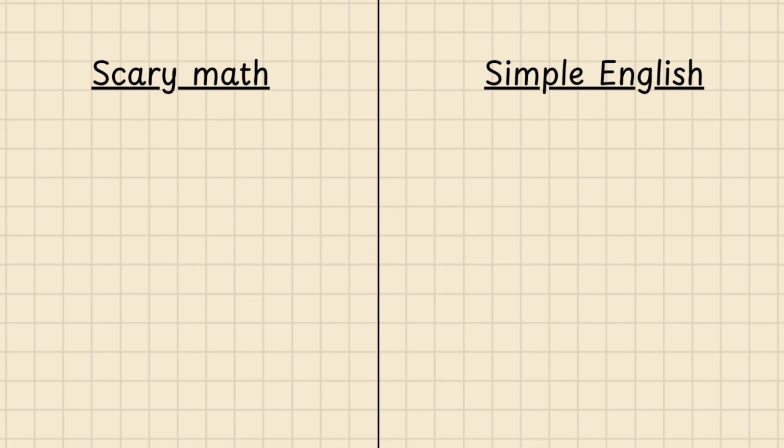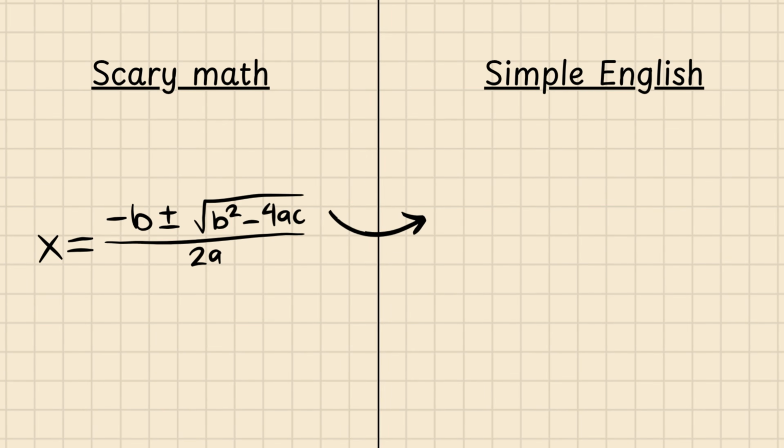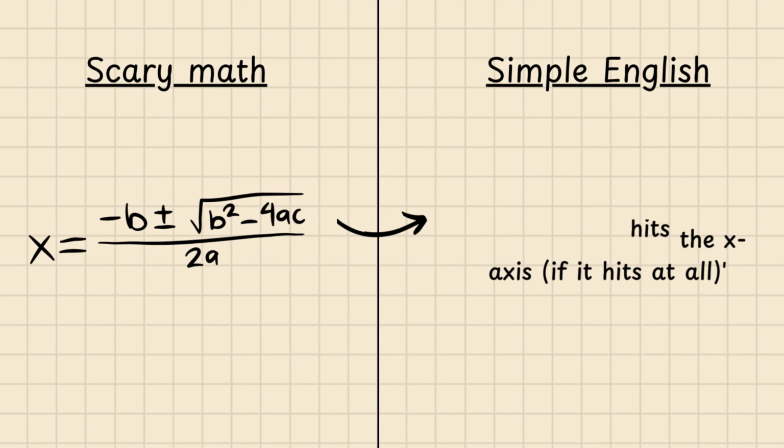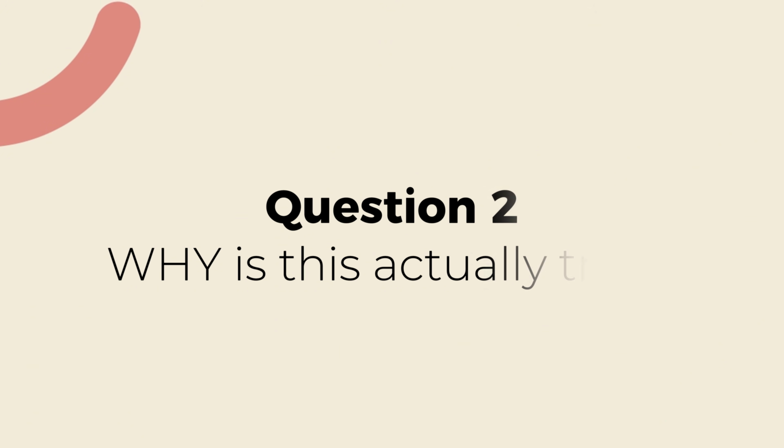And the way you can figure out what is actually happening is to translate a new formula or concept out of math language and into plain English. Because if you cannot explain what something does in plain words, you probably don't understand it yet. Okay, now that we know what it does, the next question becomes, why is this actually true?